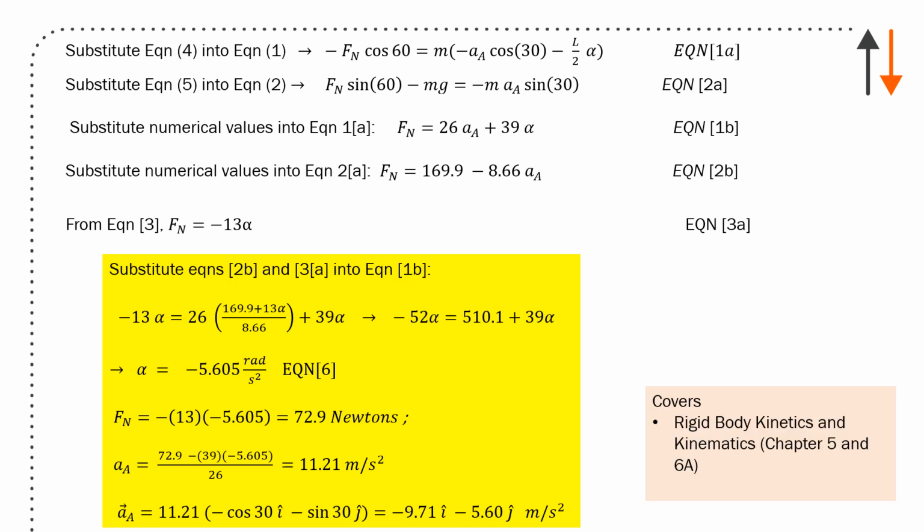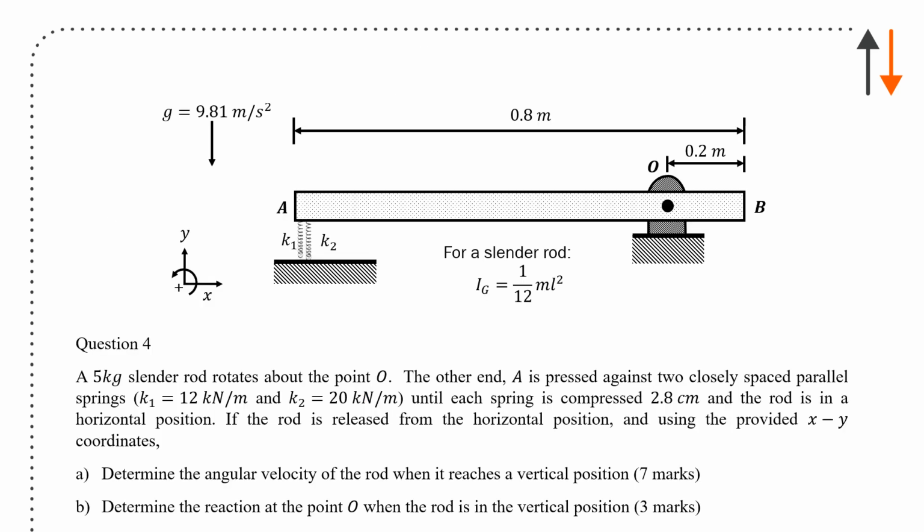Rigid body kinetics and kinematics, excuse me, chapter 5. Now, you have a slender rod that's coming down. The tricky bit here may be over here where you have two springs, and because you have the two springs, you've got to consider springs in parallel.